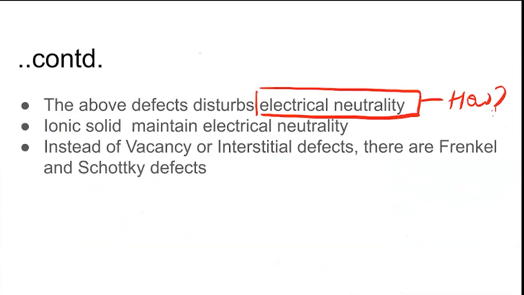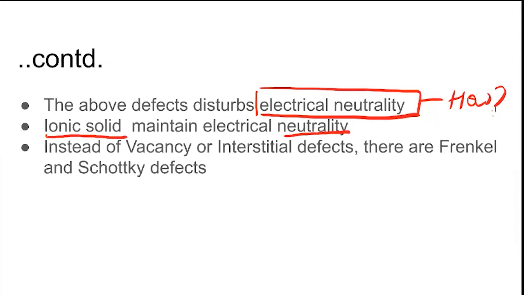If we have an additional atom, or if we take away one atom, the balance of charges gets affected. That's how it affects the electrical neutrality. Either there will be additional positive charge, or there can be negative charge. But ionic solids are always neutral.